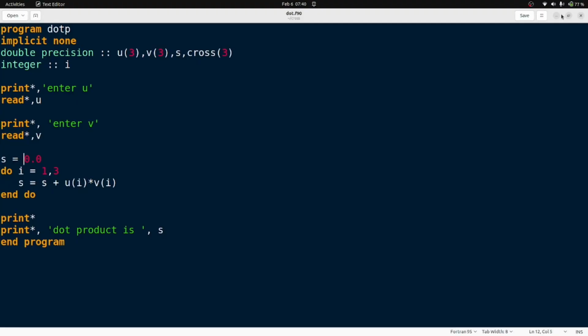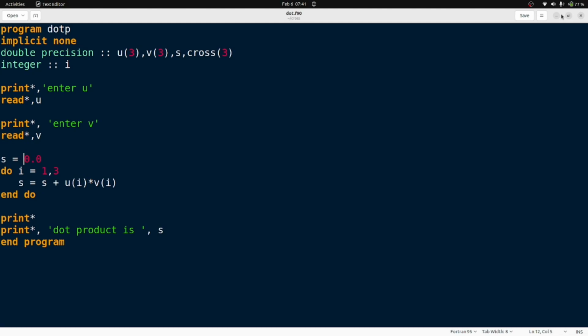In this one, the user is prompted for two arrays that have three slots in them. These will represent vectors u and v in three-dimensional space. In the case where I'm in 2 dimensions, we'll just make the third components 0.